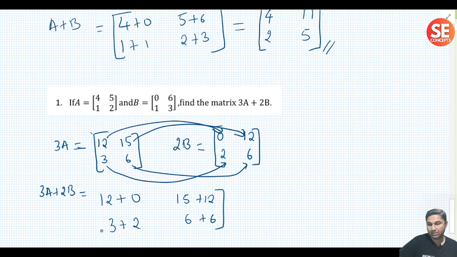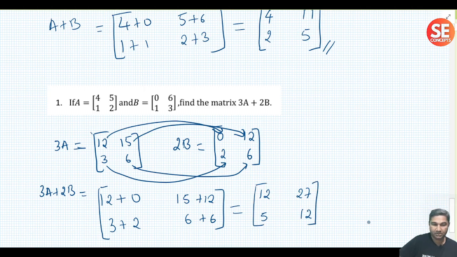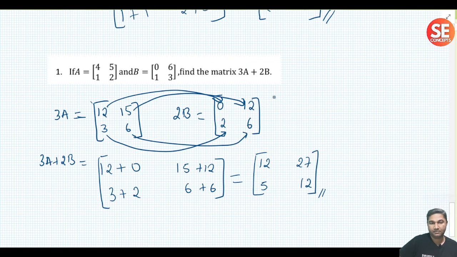So 12 plus 0 is 12, 15 plus 12 is 27, 3 plus 2 is 5, 6 plus 6 is 12. This is your answer. We hardly took 2 minutes. So this is for 2 marks.